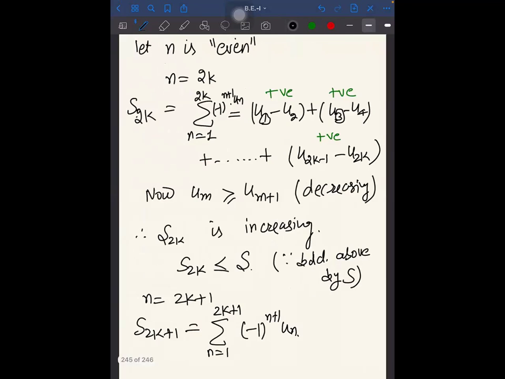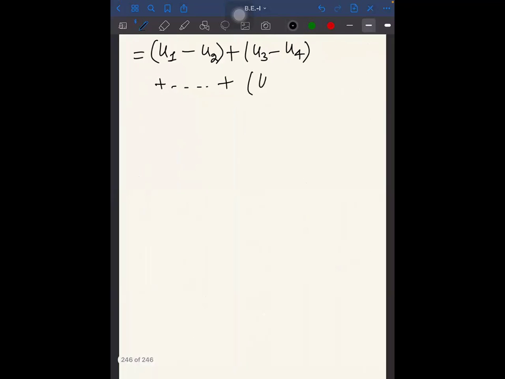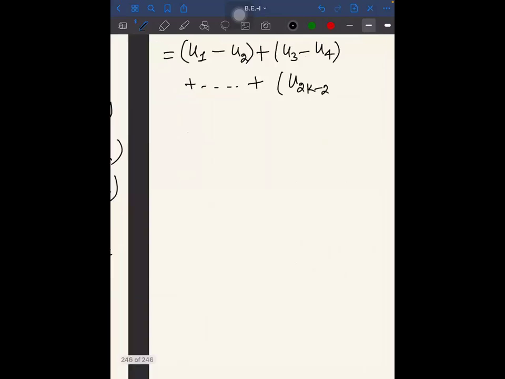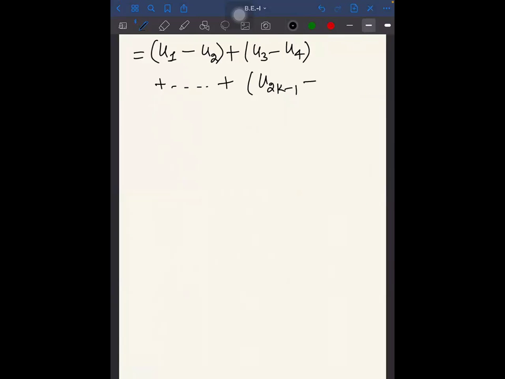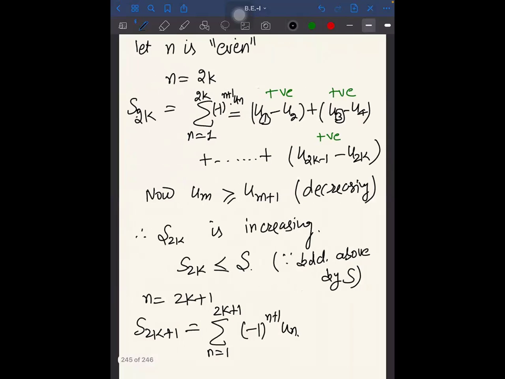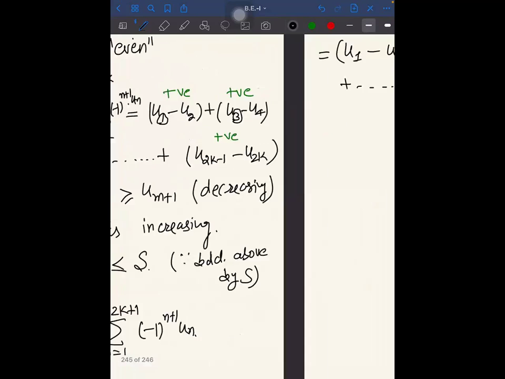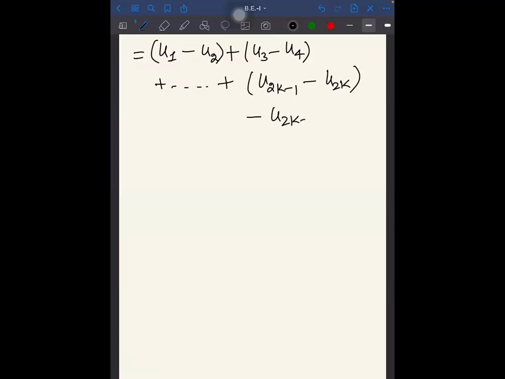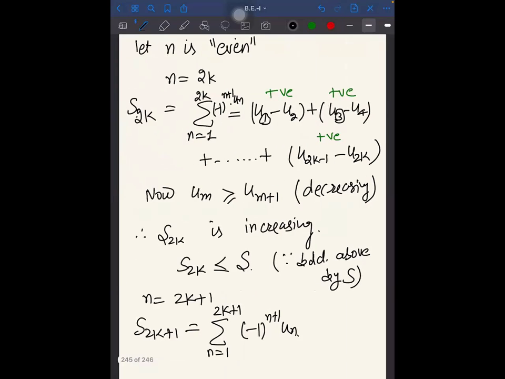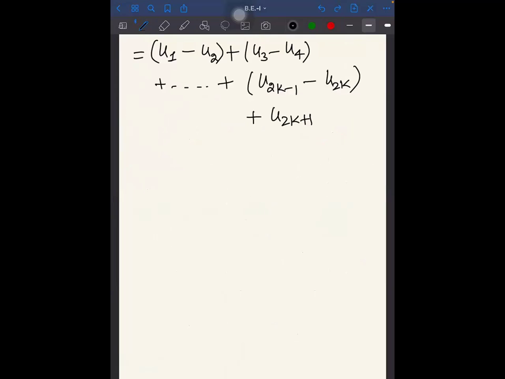What will we have at the last? u2k minus 1 minus u2k, and the last thing would be plus u2k plus 1. Only one extra term will come here, u2k plus 1. That's it, right? Is it fine?